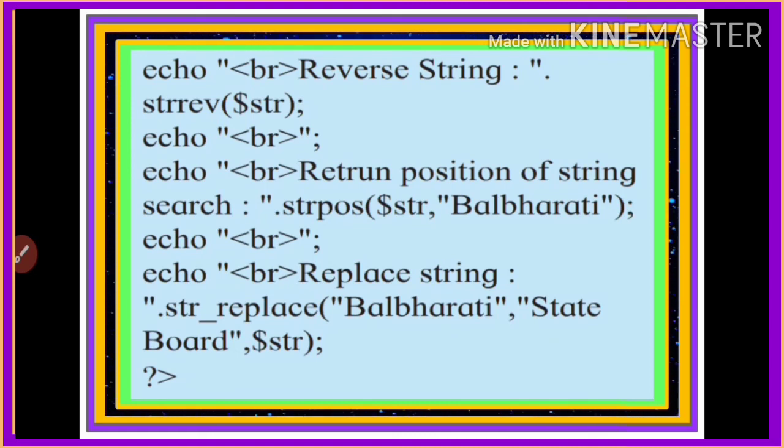So the function str underscore replace replaces some characters with some other characters in a string. Here Balbharti is replaced with state board.